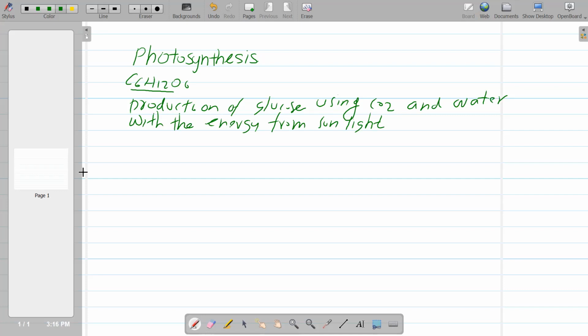And we can write this equation, carbon dioxide, water, and it also gives oxygen as a byproduct.